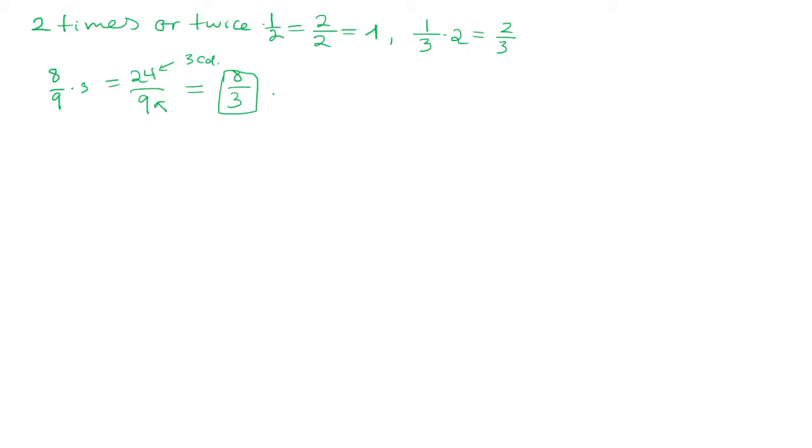If we are able to divide the denominator by this integer that we are multiplying to the fraction, there's a shortcut on how to put the fraction in its simplest terms. Look here: if we take 8 divided by 9 and multiply that by 3, then we can just say 9 divided by 3.